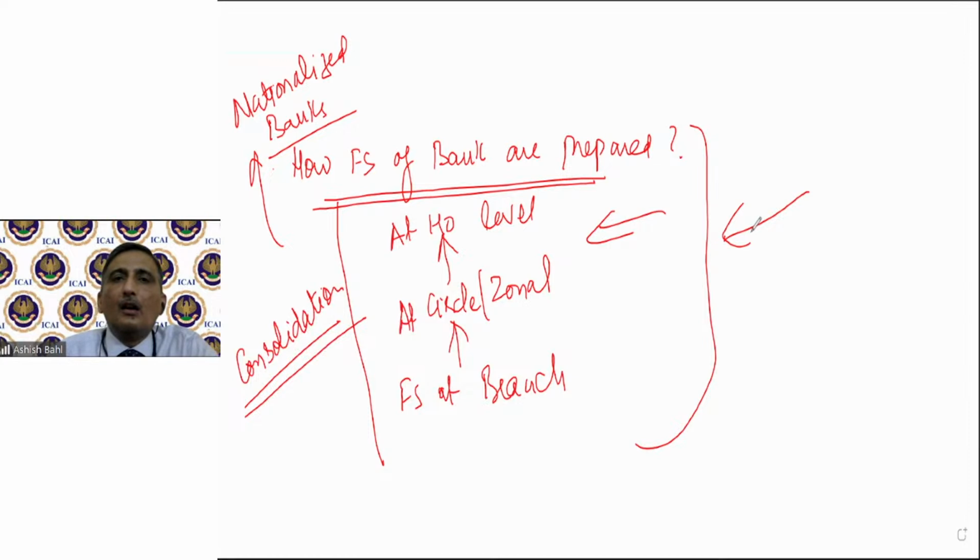Okay, for the time being, we are talking about the process of preparation of standalone financial statements of a bank. First of all, these are prepared at the branch level, and then these are combined, consolidated. Different branches falling within a circle are combined at the circle level, at the zonal level, and then this process goes on, and final aggregation is done at the HO level.